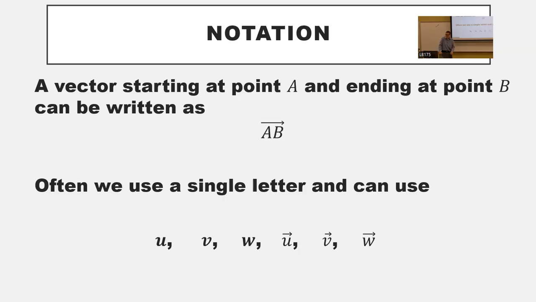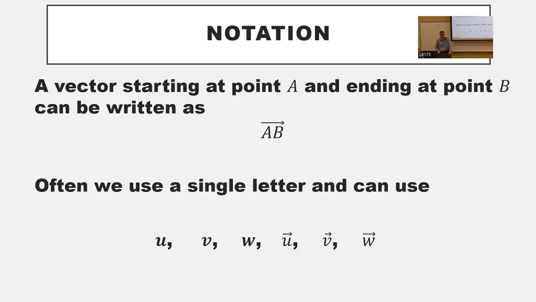In books, what happens is they tend to either use bold font for their vectors, or they use that arrow on top of the letter for their vectors. Bold font is kind of hard to write on the board, but it's easy to see in a book.